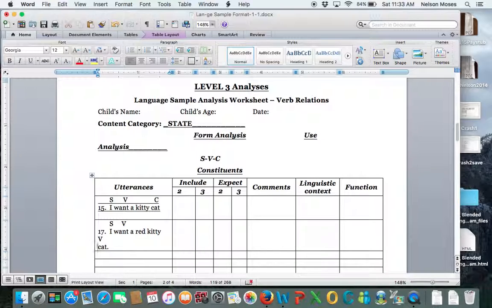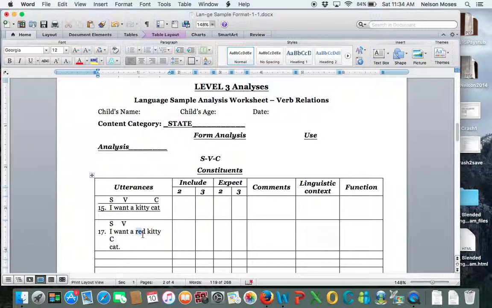I should have closed that door, but I didn't. I hope you were following me. In any event, S, V, made a mistake here. Cat is a C. I can't do two things at once anymore. Okay, SVC. See that? SVC. I want cat. In other words, the verb relation content category here is, again, state.